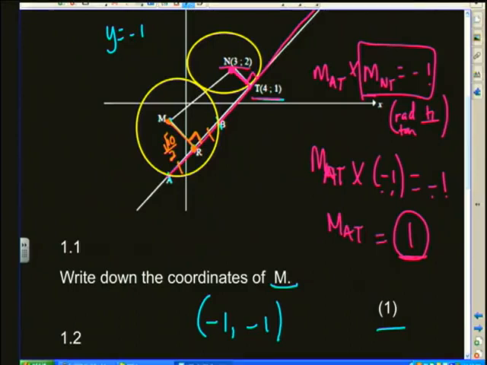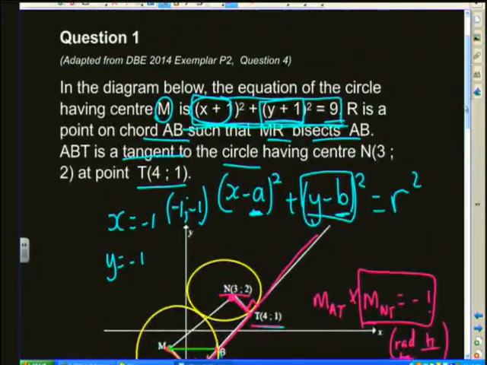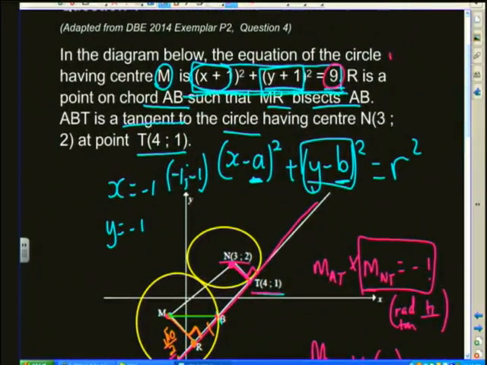And I'm going to draw in the radius because we're going to need that as well in order to work out the distance of AB, and I'll explain why. Now if you look at your very colorful triangle MRB, MR is root 10 over 2. Because I've joined point M to B, which gives me my radius MB, and I know from the given information R squared is 9 in circle center M, so R must be the square root of 9, which is 3.